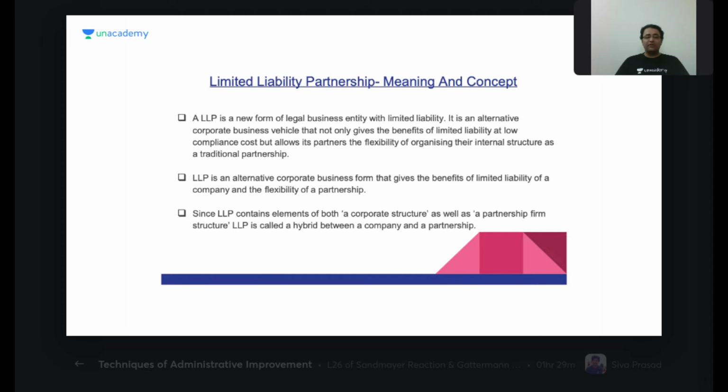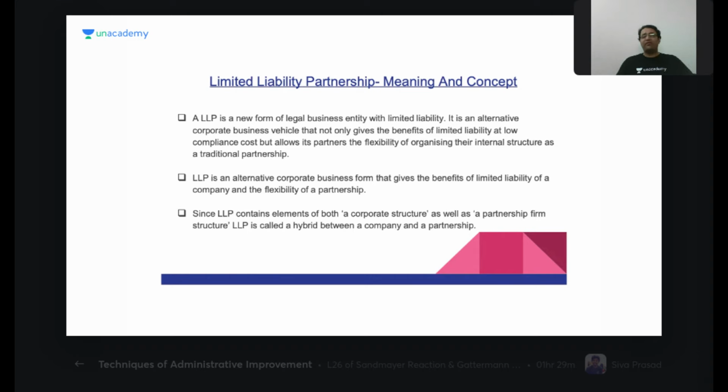Okay. Since an LLP contains elements of both a corporate structure as well as a partnership firm structure, an LLP is called a hybrid between a company and a partnership. Like Kushi rightly said, because a certain portion of it is taken from the Companies Act, and a certain portion is taken from the Indian Partnership Act 1932, the LLP Act 2008 can be said to be a hybrid of both the corporate structure as well as a partnership structure.